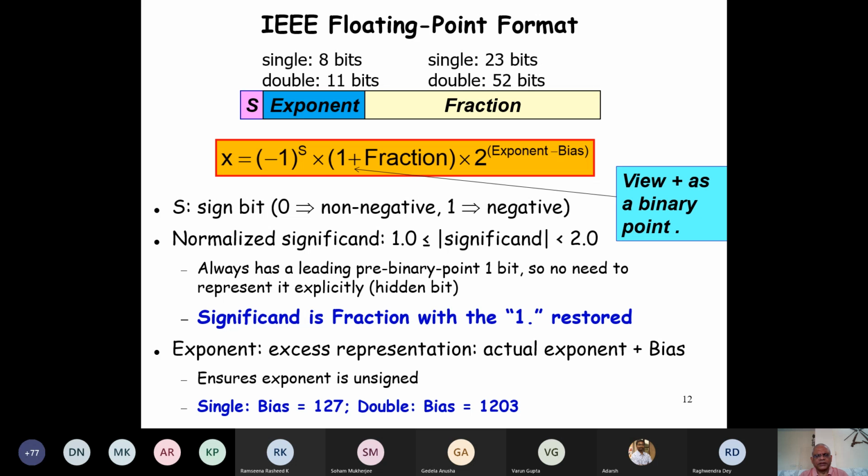We had observed that in the normalized representation of floating point numbers, the digit on the left of the binary point is always 1. That's the normalized representation. We had seen that. So there is no necessity of storing a 1.